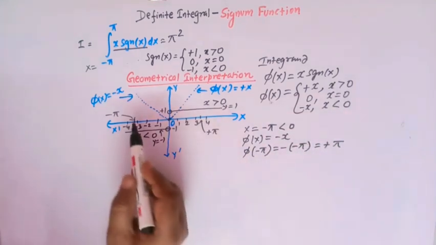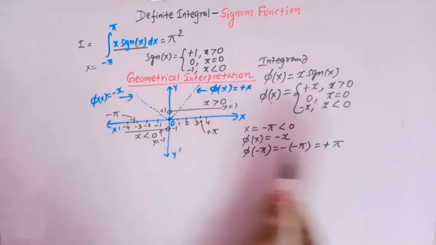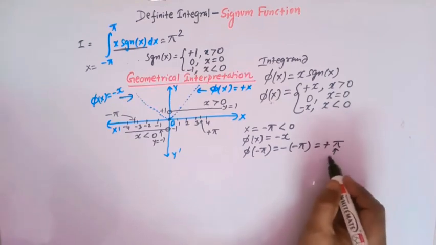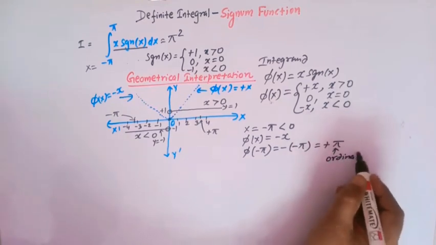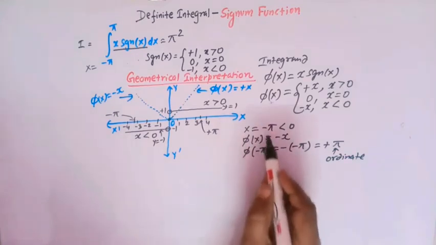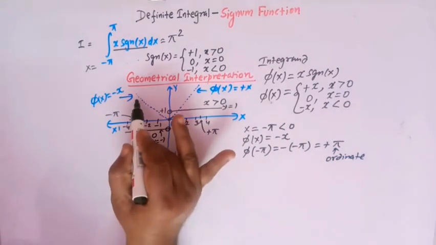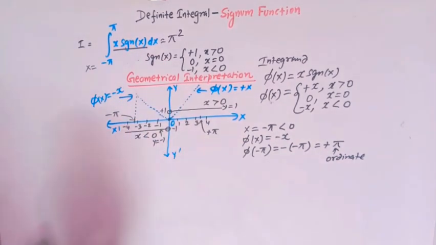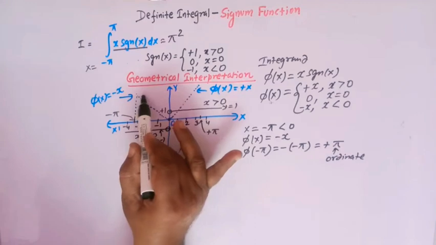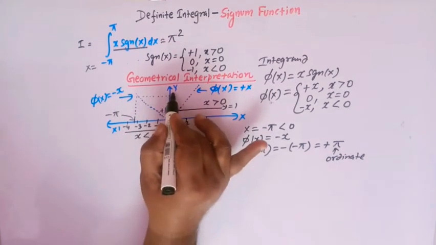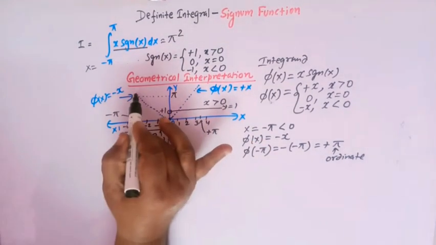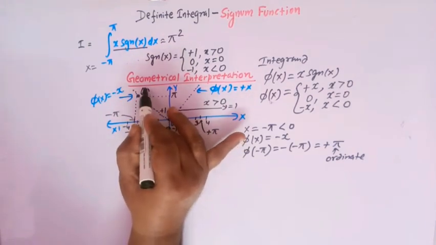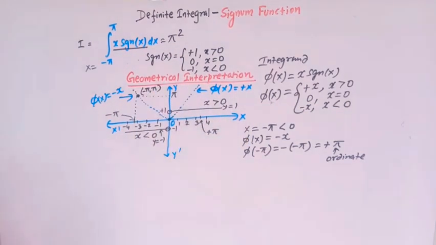So here we have minus pi and phi of minus pi is pi, so this is the ordinate of this function at x equal to minus pi. So we'll have a line like this, and here we have the point pi. And this point is minus pi comma pi.